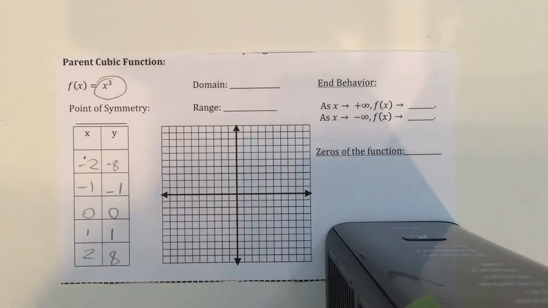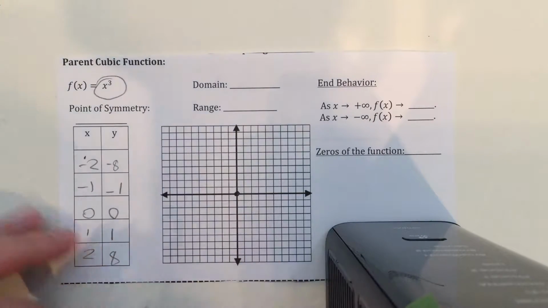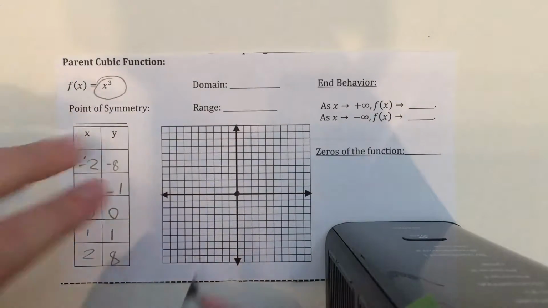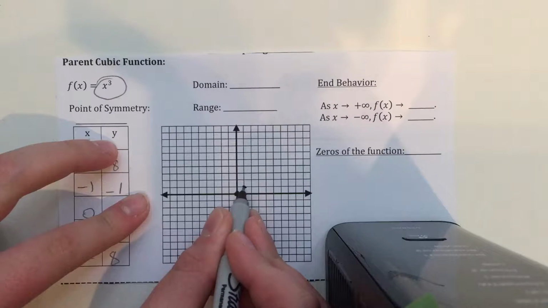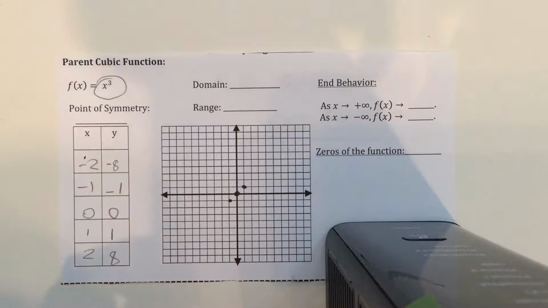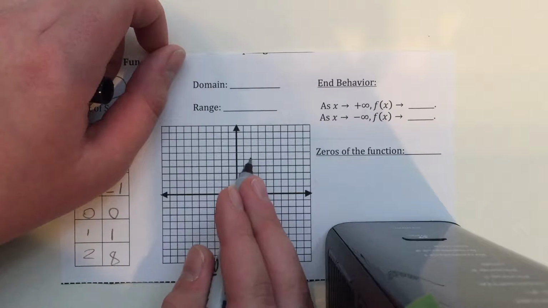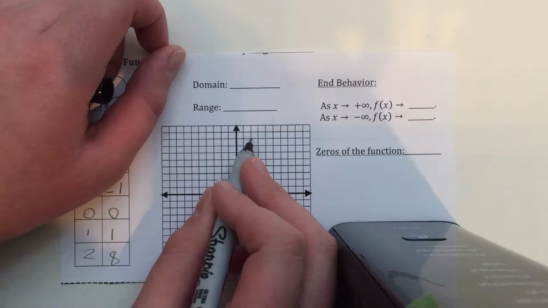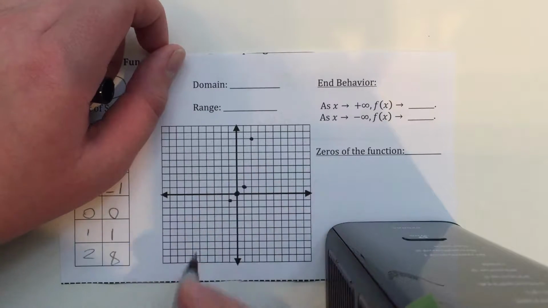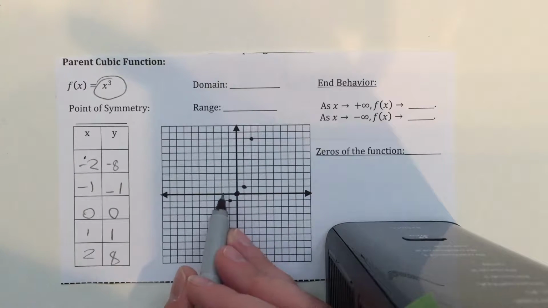Now let's graph this. We will start by putting our point at 0, 0, right in the middle, and then we will move on and put 1, 1, -1, -1, 2, 8, and -2, -8.